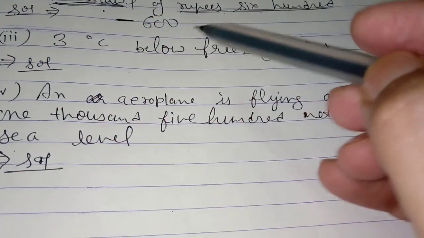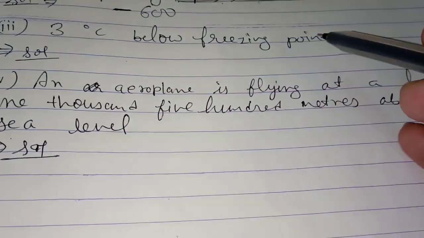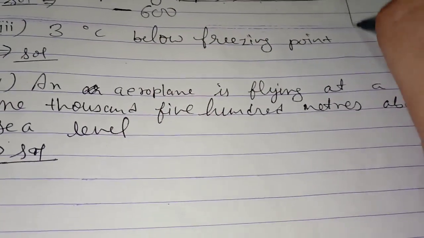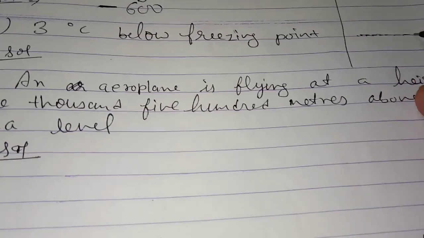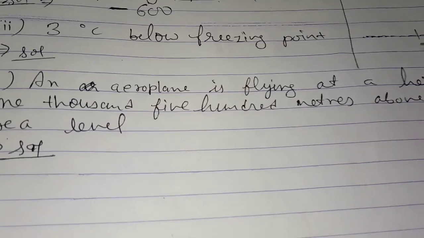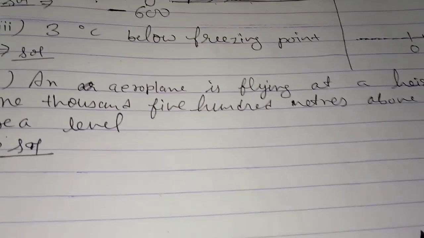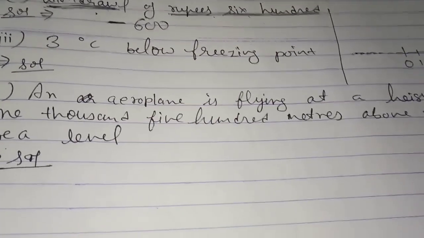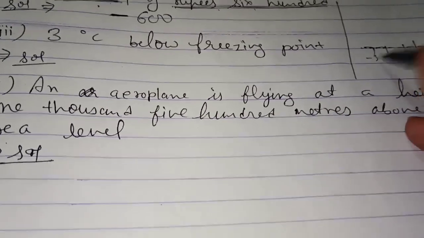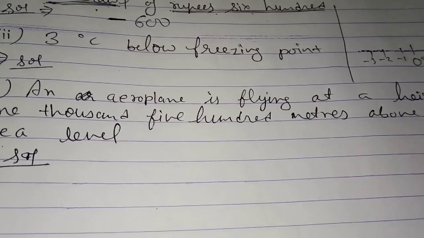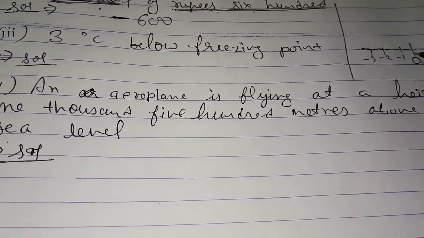3 degrees Celsius below freezing point. I will have an example here. Suppose this is a line. I represent this number as 0. When we write numbers here, this is increasing order, and from here these become negative numbers. As you know, the freezing point of ice is 0 degree Celsius.